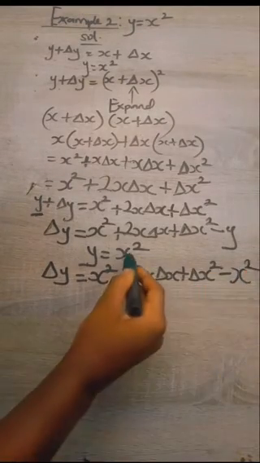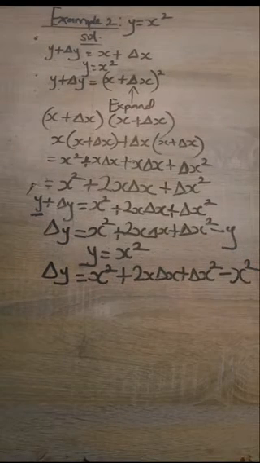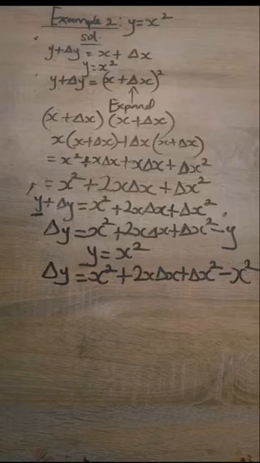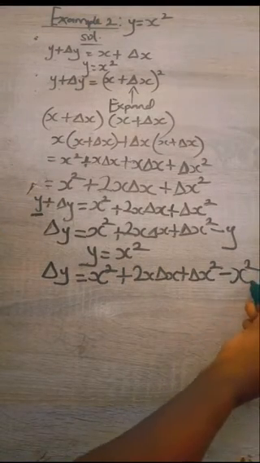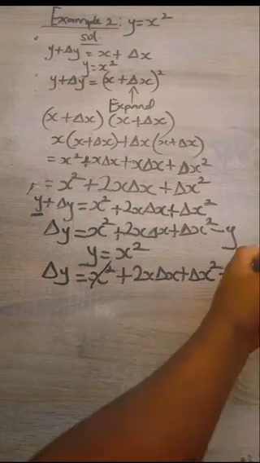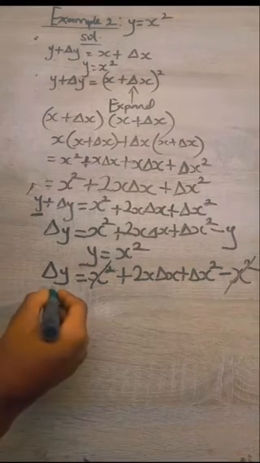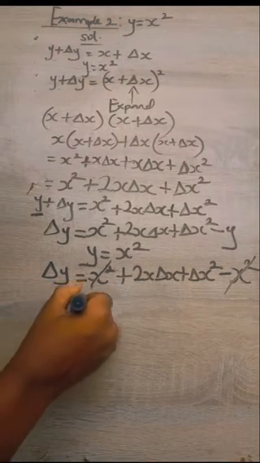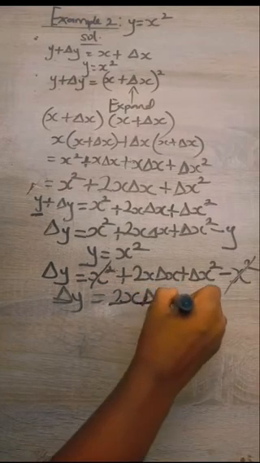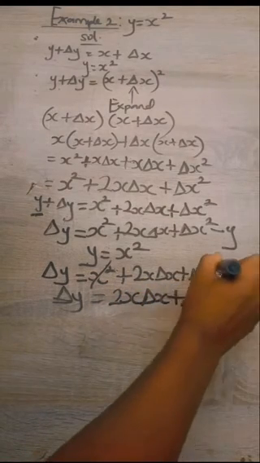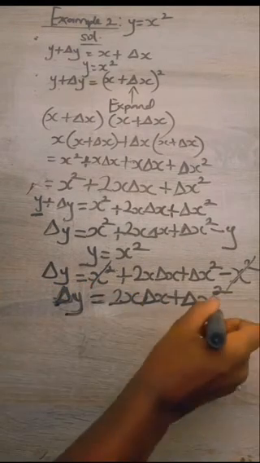So instead of this y here, let me put x raised to power 2. Now take a good look at this: x raised to power 2 minus x raised to power 2, let's simply cancel. So I'm left with change in y equals 2x change in x plus change in x raised to power 2.